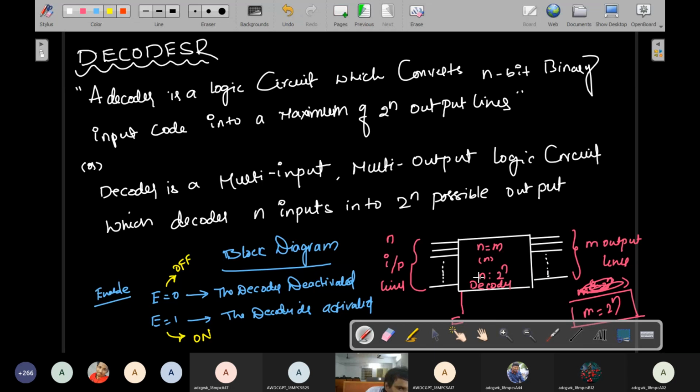That is called 3 to 8. Every time you will take n as input lines and m as output lines. So if you consider three inputs you will get 8 output lines. In our syllabus we have only 2 to 4 and 3 to 8 decoders.